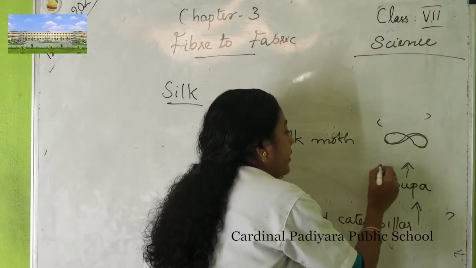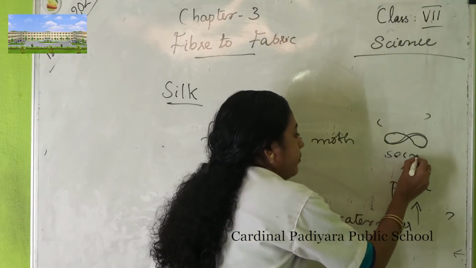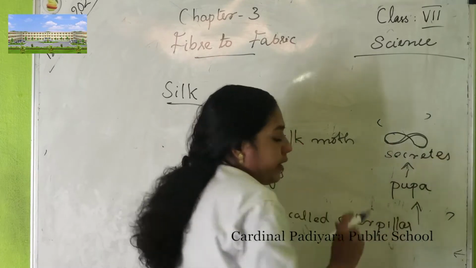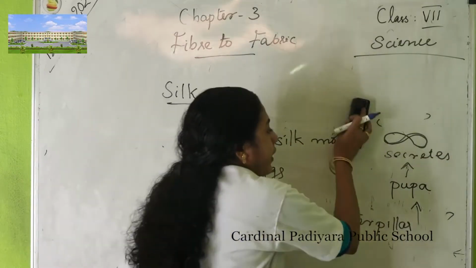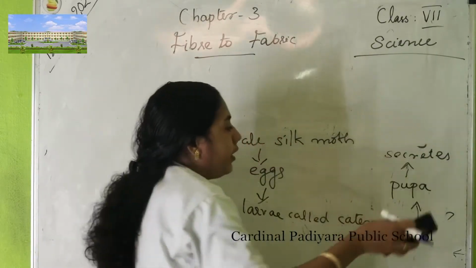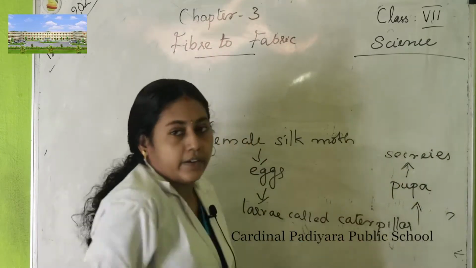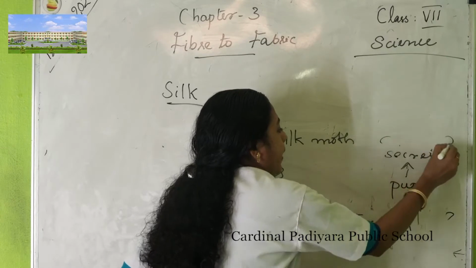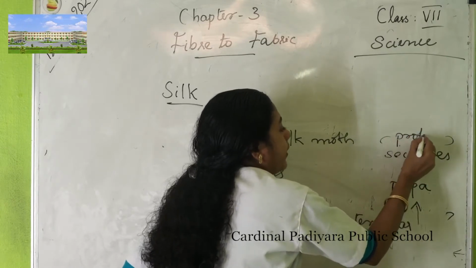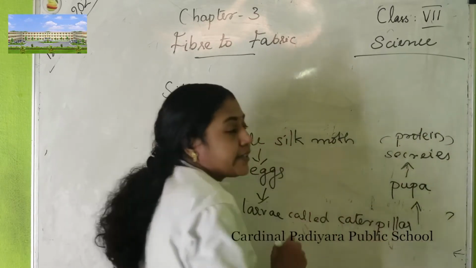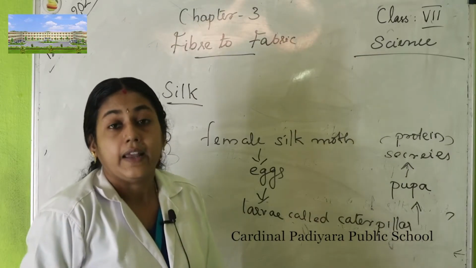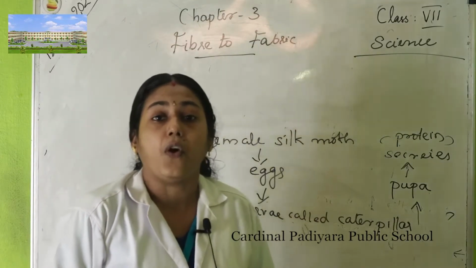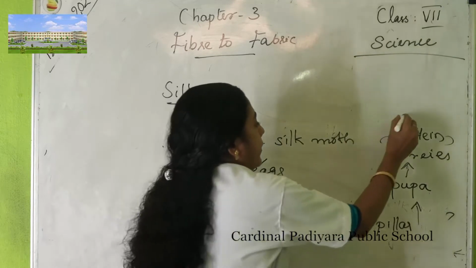This pupa secretes a secretion from its mouth, and this secretion is made up of protein. When exposed to air, it hardens and forms the silk fiber.